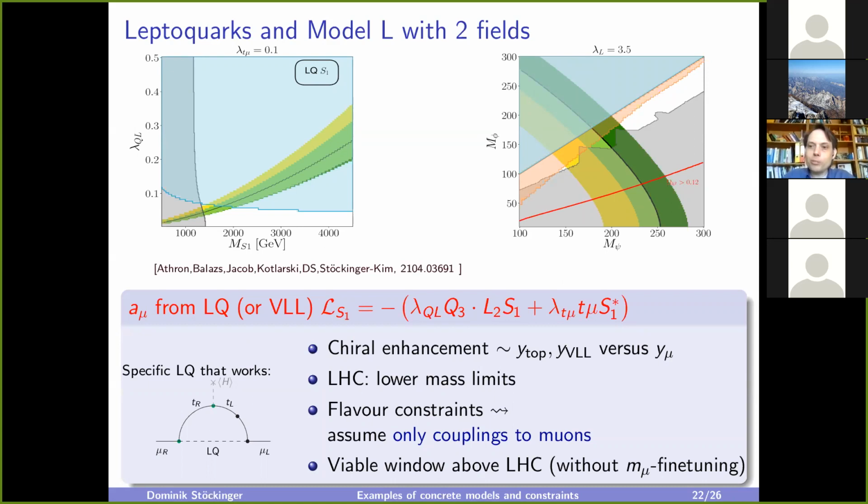So you have a dark matter particle, which is invisible anyway, and another particle which is close in mass, and then the LHC is insensitive, and that is why you have this small diagonal window where the LHC allows the model to survive.